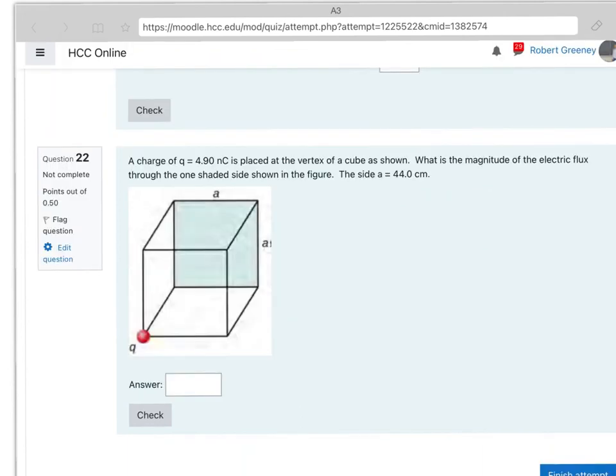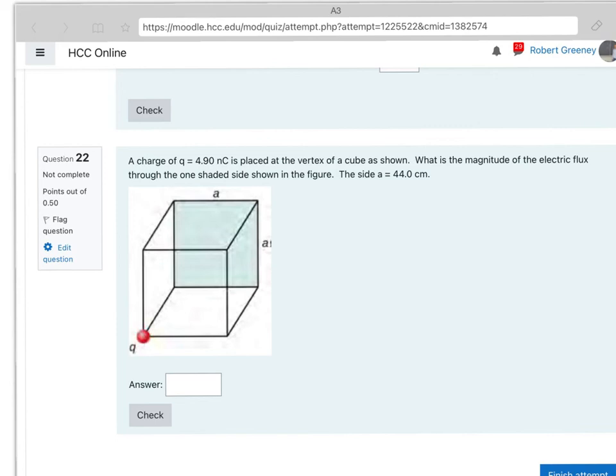Okay, the key to doing this one is to surround this charge by cubes. So imagine another cube over here, and another cube in front of this one, another cube in front of that one, and imagine how many cubes it will take to completely surround that charge.